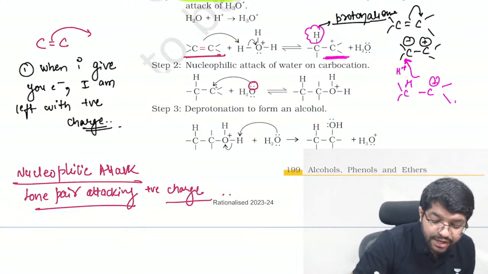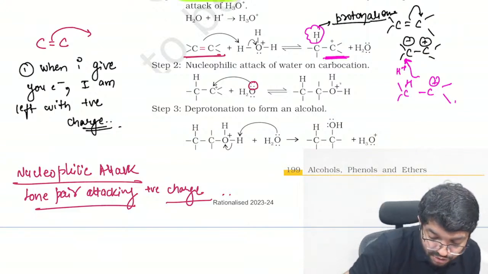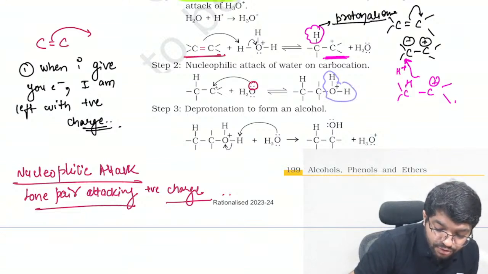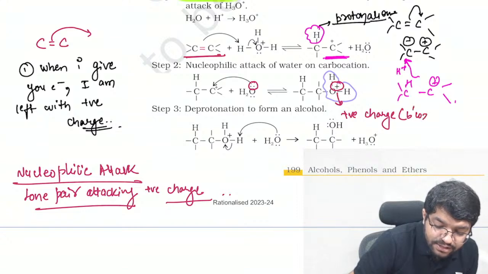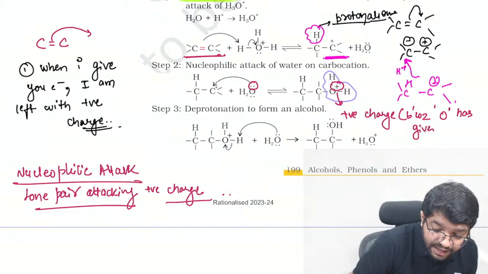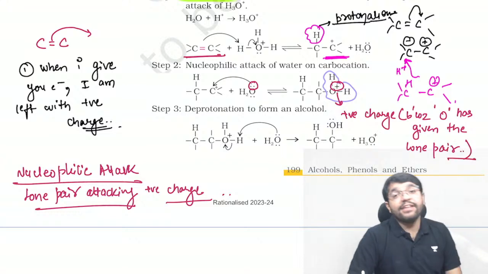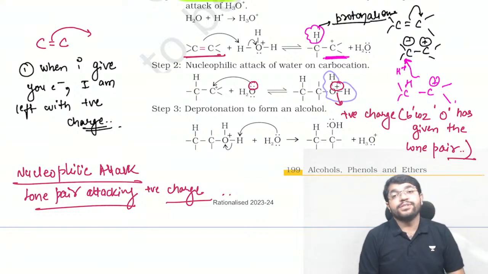Now the oxygen, O gives the lone pair, so O gets a positive charge. Why positive? Because O has given its lone pair. Very, very important, because O has given its lone pair, it gets a positive charge.